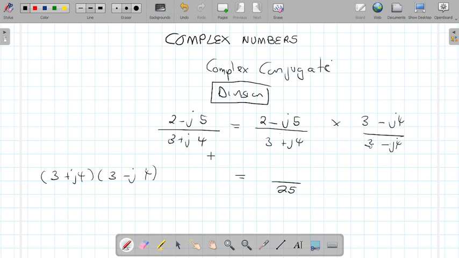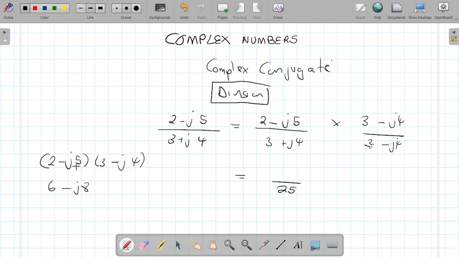Now let's evaluate the top part. So we have 2 minus j5 multiplied by 3 minus j4. Now what is 2 multiplied by 3? 2 multiplied by 3 is 6. Now what is 2 multiplied by minus j4? That is minus j8.